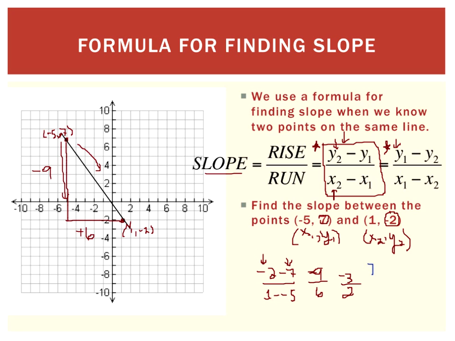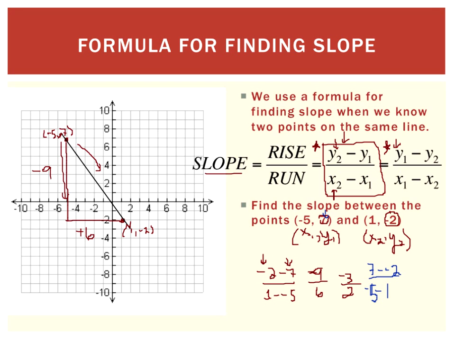So if I went with y1, saying 7, I would have 7 minus a negative 2 divided by 1 minus, oops, nope, we got to make sure I start with 7, which means I have to start with negative 5. Negative 5 minus 1.